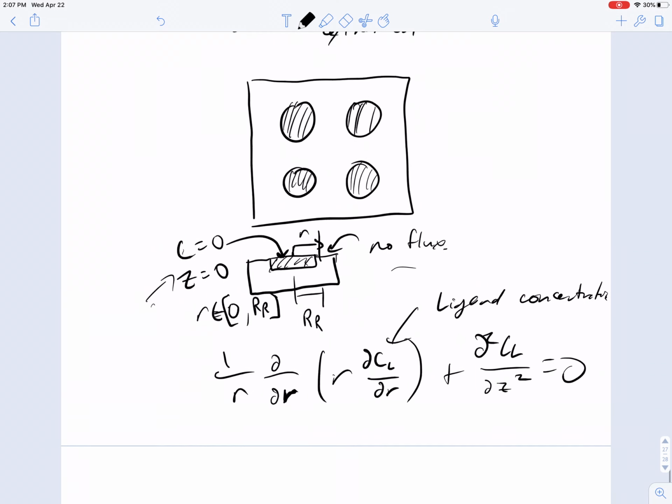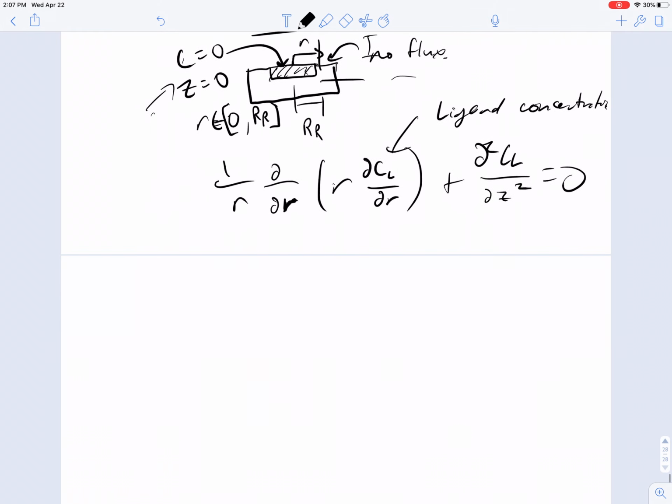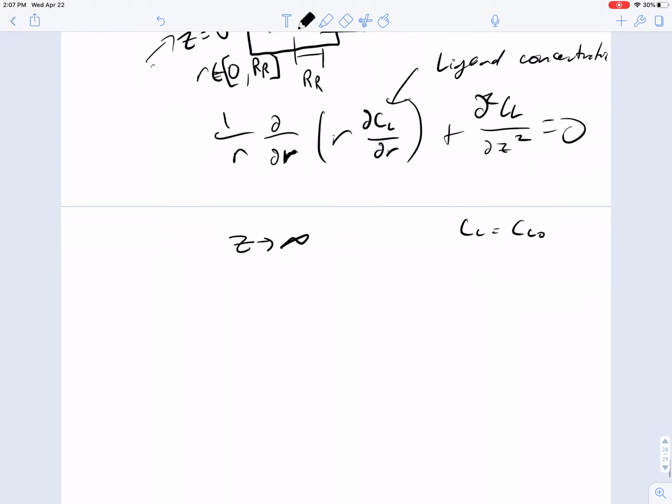Okay, so we have two things happening here. We have the z direction above this, and we have these receptor discs embedded in a sheet with different boundary conditions everywhere. So this is the equation: as z tends to infinity, CL is going to be equal to some bulk concentration.